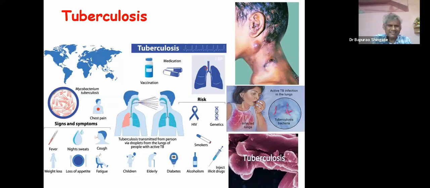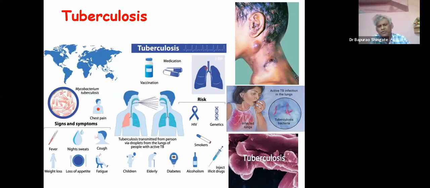Because of this tuberculosis, we know the various kinds of signs and symptoms. If you have some kind of chest pain or fever, or you are failing to sleep properly at night, or you have some cough, or you are losing a lot of weight, these are some of the primary symptoms of tuberculosis.